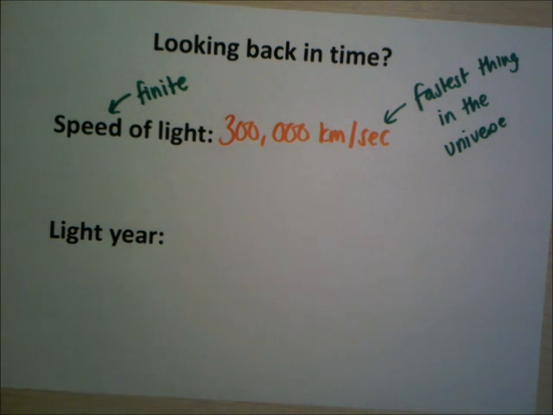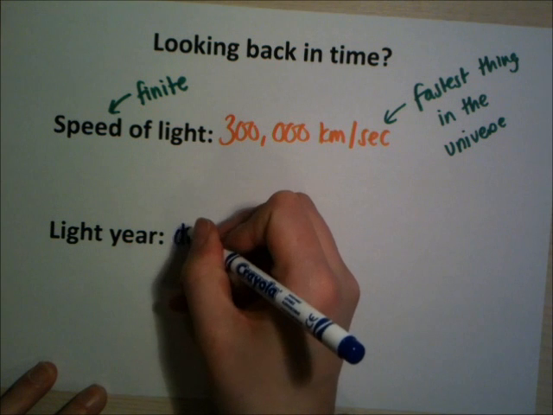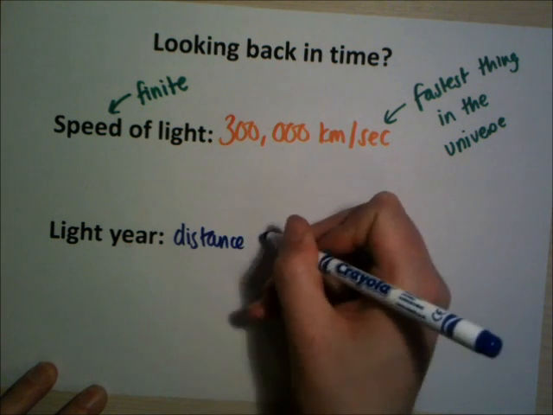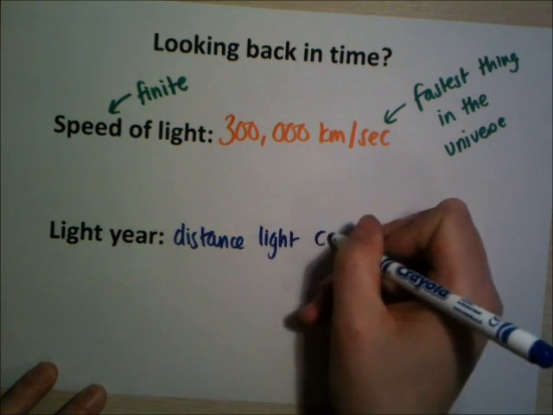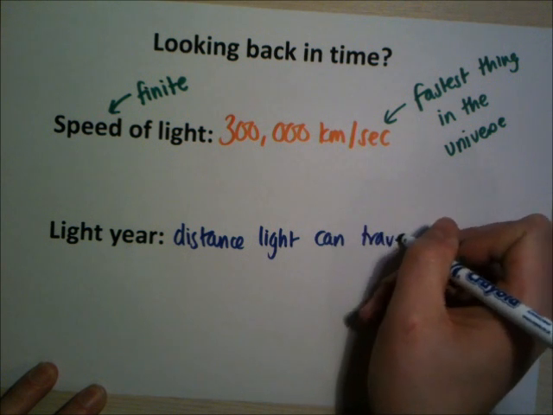Now, a lot of people use the idea of light years. Light years are nothing to do with speed, they're actually a distance. A light year is the distance light can travel in 1 year.